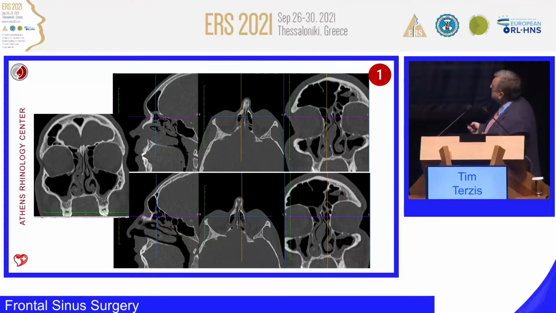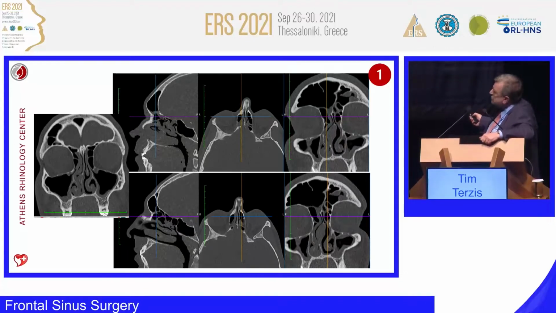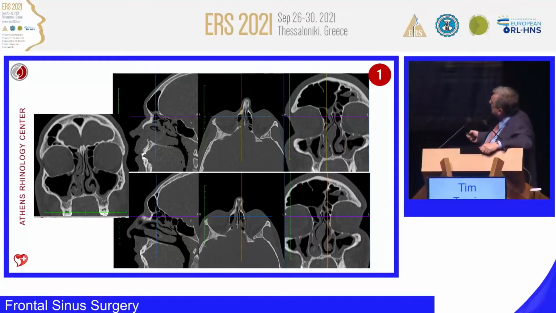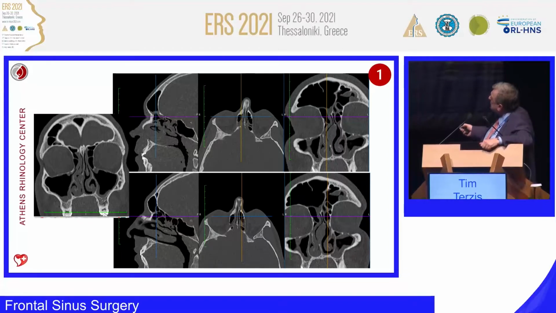And we have some anatomy in the frontal recess, both sides. This is the right side, and we have this agger nasi cell, which you see. This is a three-plane reconstruction, obviously. So we see a large agger nasi on the right side, obstructing the frontal sinus drainage pathway, and you can see this thickening just over it.